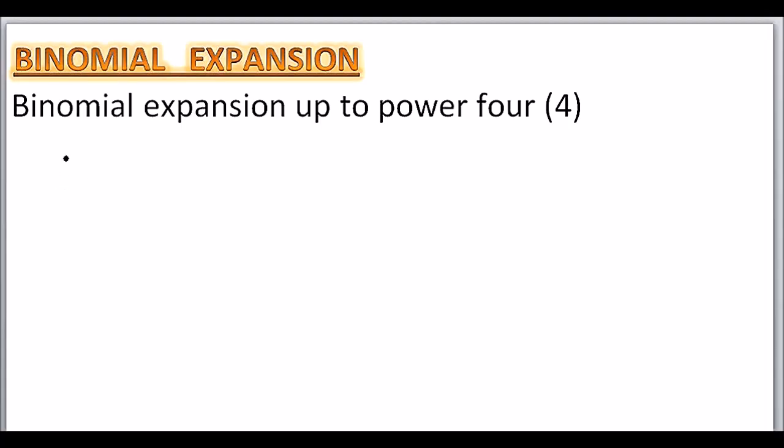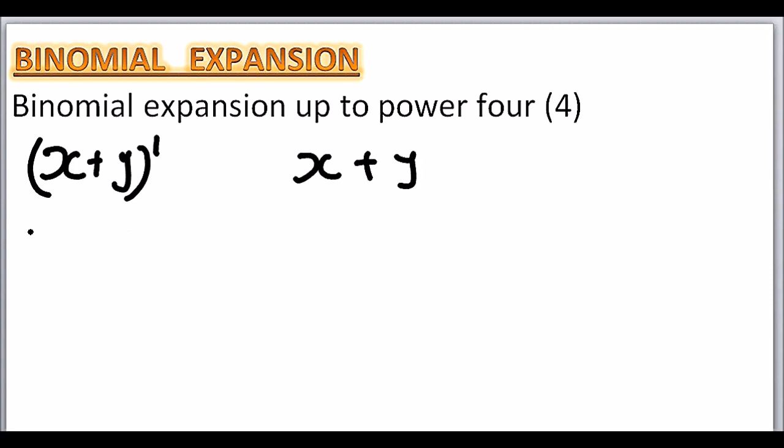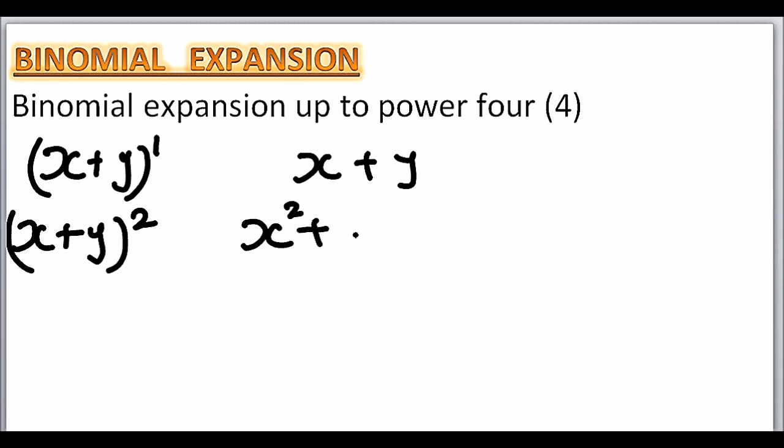Now we look at the expansions that we have had. We started with x plus y. In this case we assume it is to power 1, which we got the same x plus y. Then we came to the second one, x plus y in bracket squared. We got x squared plus 2xy plus y squared.